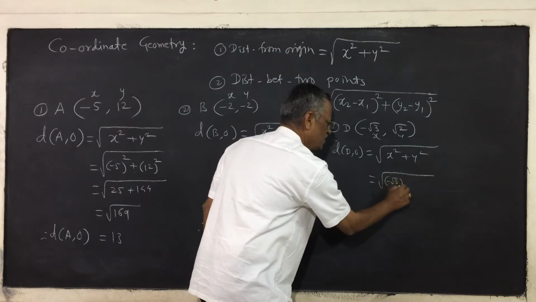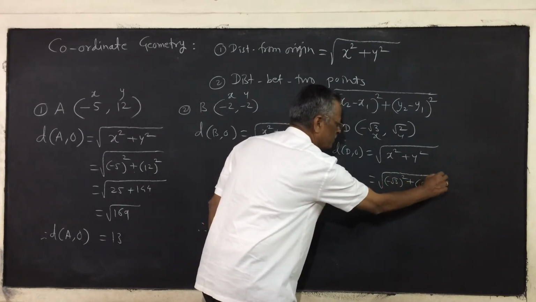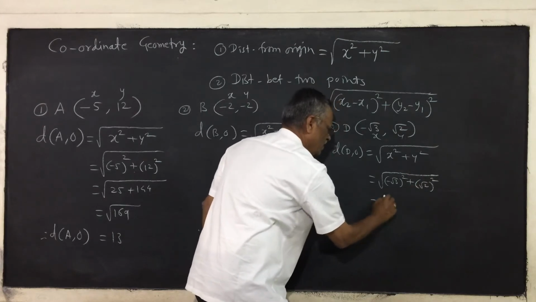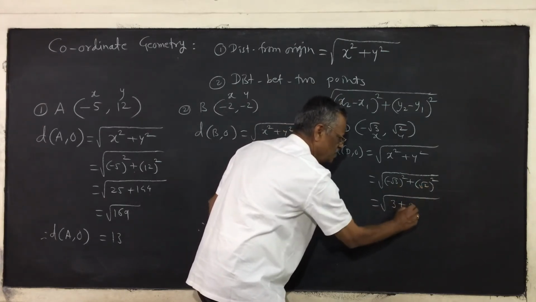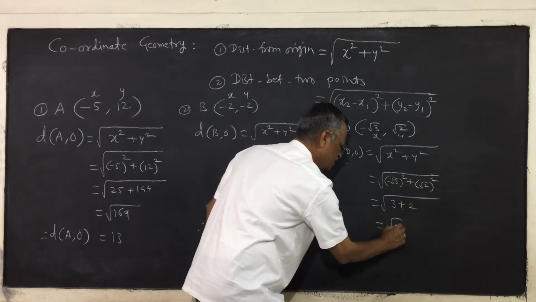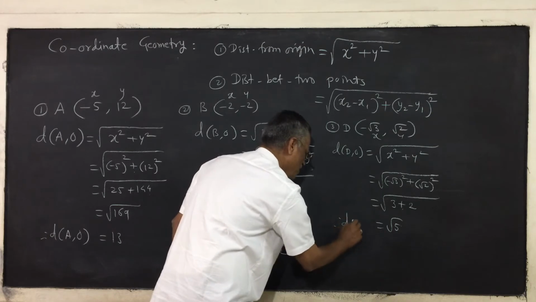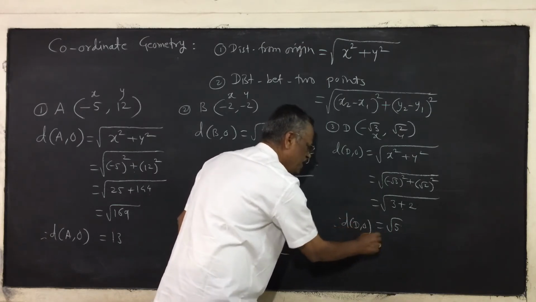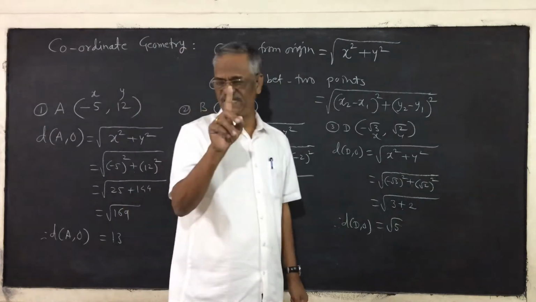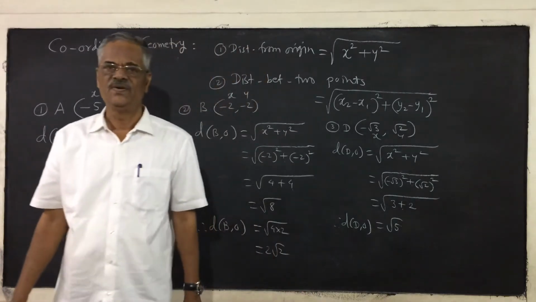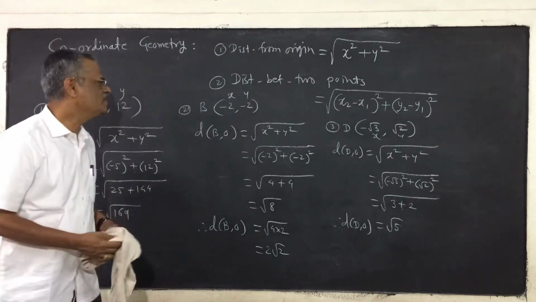Minus root 3 bracket square plus root 2 bracket square. Square the number. You know that it is 3 and it is 2. So what is the distance of D point from origin? It is under root 5. So this is single mark question to calculate distance of given point from the origin.